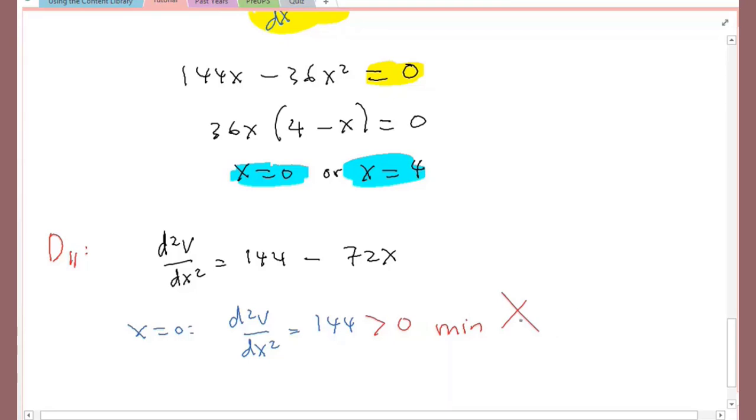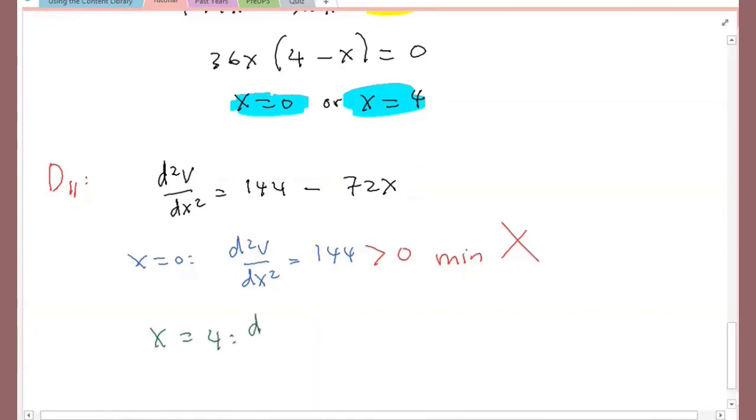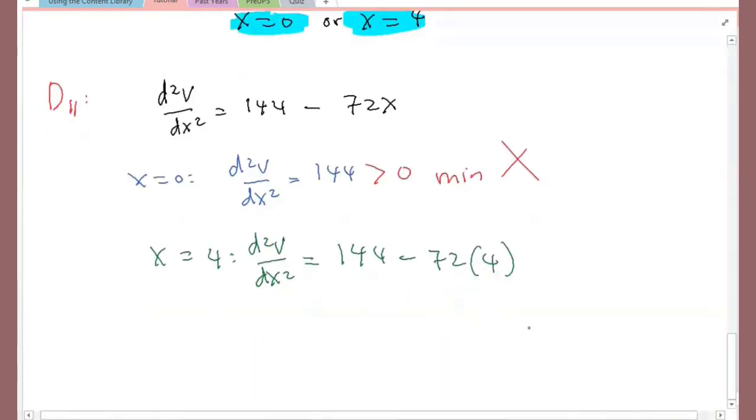When x is equal to 4, d squared V over dx squared is equal to 144 minus 72 times 4. Find it. Is the answer 144 or negative?